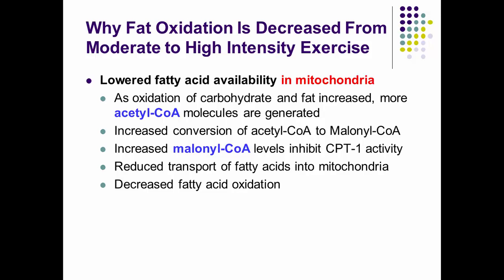As exercise continues and muscle oxidizes a lot of carbohydrate and fatty acids, this leads to more acetyl-CoA molecules accumulating. With the same mechanism, the acetyl-CoA can be converted to malonyl-CoA, and if malonyl-CoA levels increase, that will inhibit the fatty acid transporter CPT1.